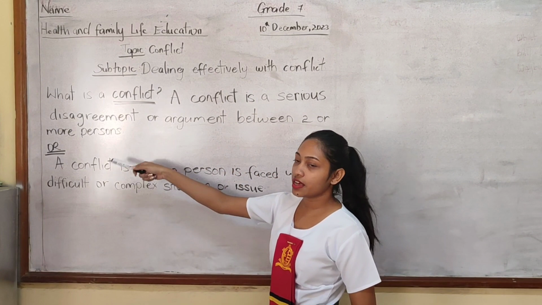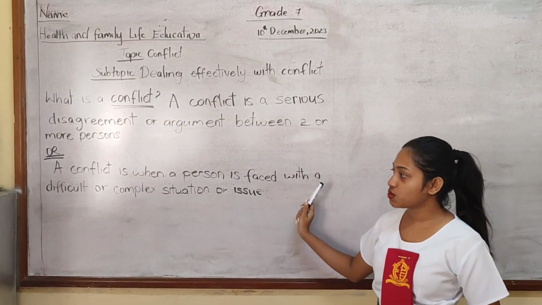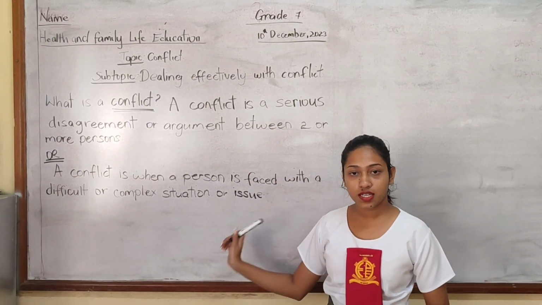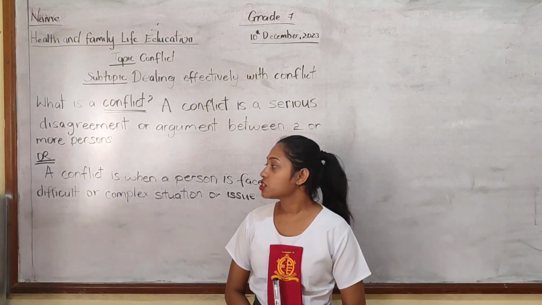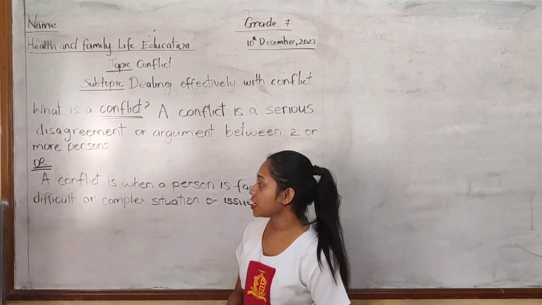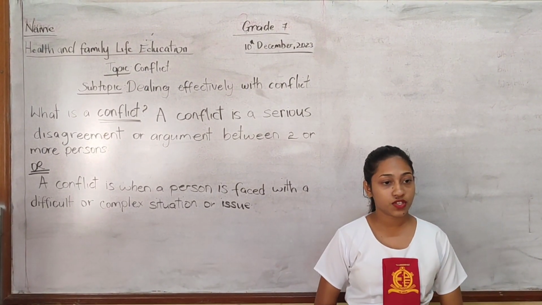Another definition is that a conflict is when a person is faced with a difficult or complex situation or issue. So it could be a disagreement, a difficult situation, an issue, anything of this sort.